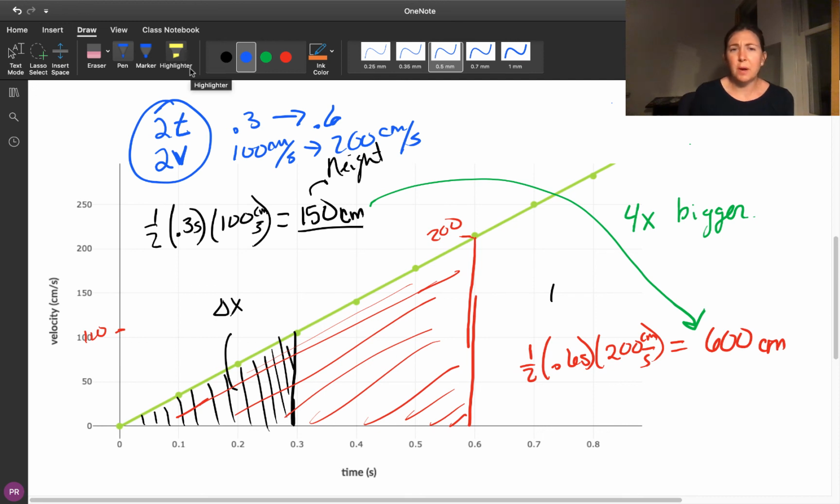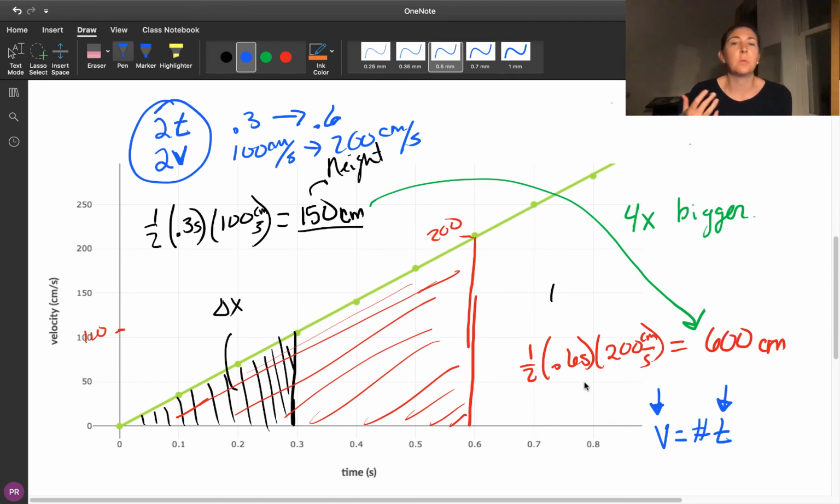That's the whole thing about this being linear, that when you do something to one variable, it automatically does it to the other. That's why velocity is some number, the slope of your line, times time. Whatever you do to the time will happen to the velocity. You double the time, the velocity doubles. You triple the time, the velocity triples.